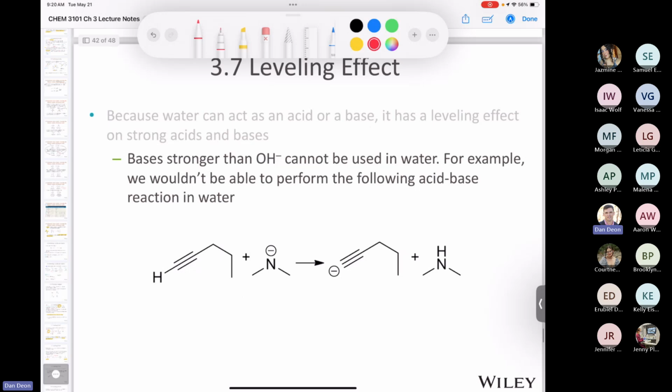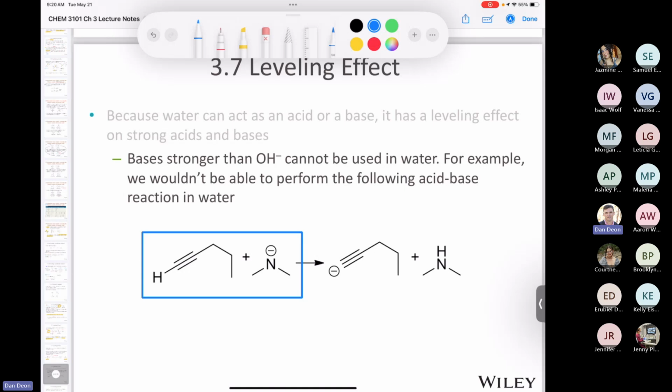Now, going back to this idea, it says bases stronger than hydroxide cannot be used in water. For example, you wouldn't be able to perform the following acid-base reaction in water. Let's take a look. If you were to mix these two, there's nothing wrong with mixing these two reagents, this amide ion with the acetylene.